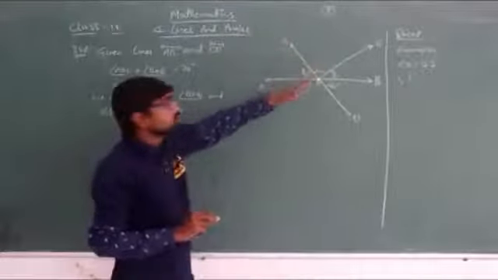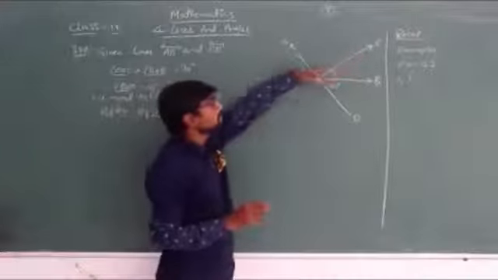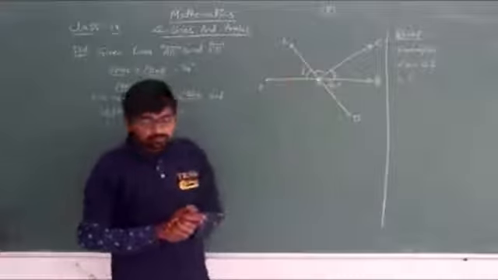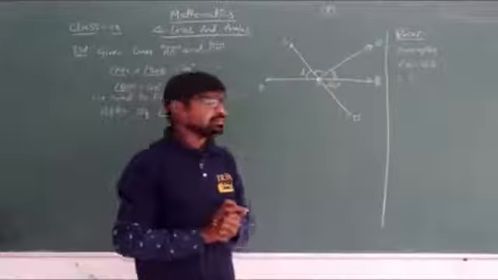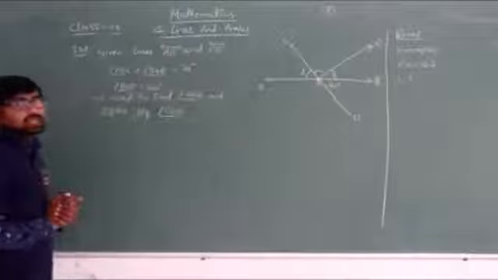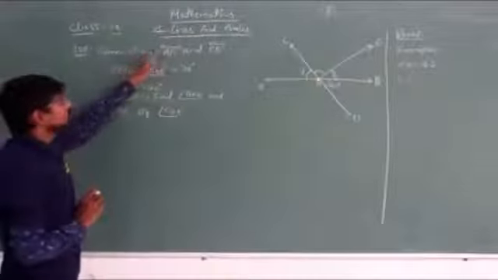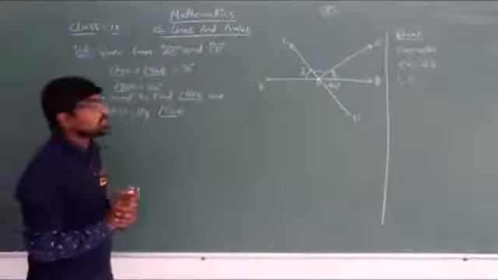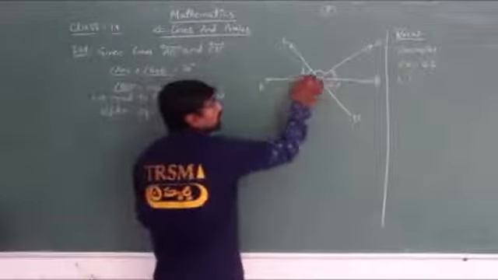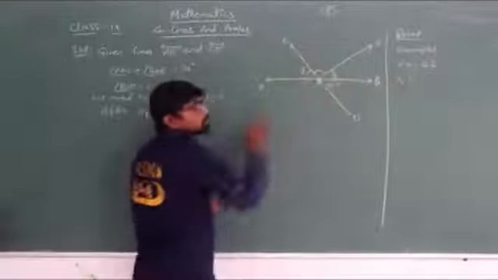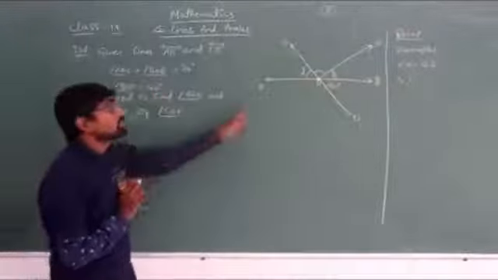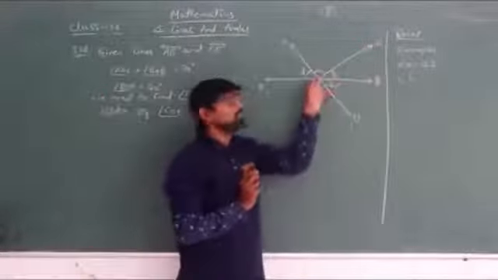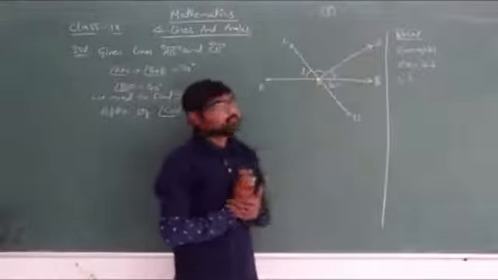So we have two straight lines, AB and CD, meeting at point O, and OE is a ray starting from O, okay.